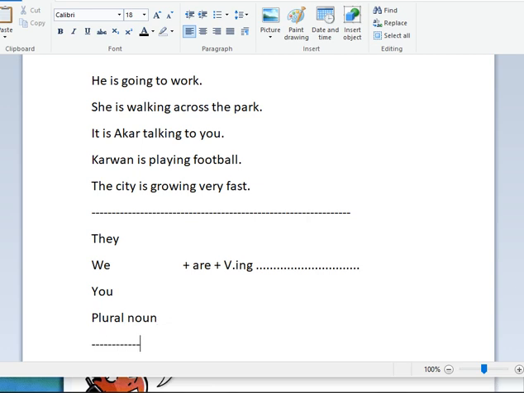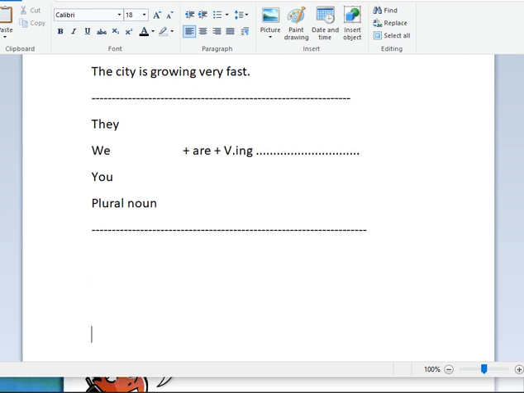Let's write some examples. For example, they are eating, for example, a sandwich. They are eating sandwiches.